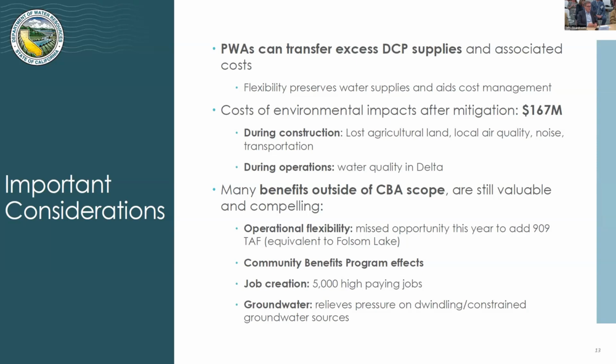And the conclusion there is there are about 5,000 high-paying jobs that are going to result from this large-scale construction project, many of which would be in the Delta. And then finally, I'd point out that as a policy matter, stabilizing surface supplies in the way that the DCP does is consistent with the state's long-term objective of stabilizing groundwater resources.